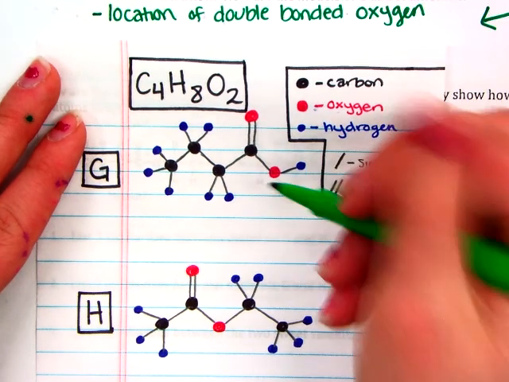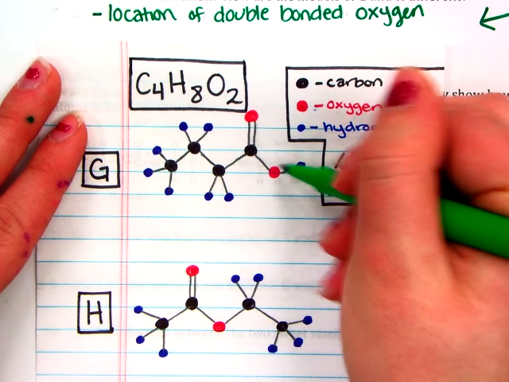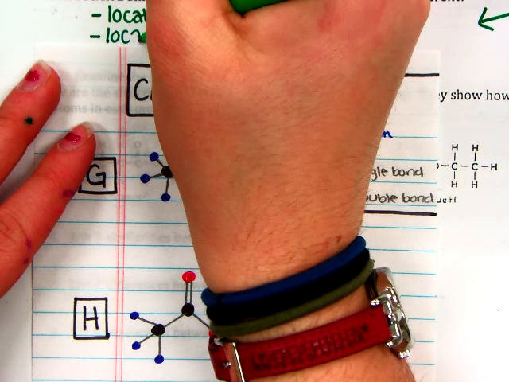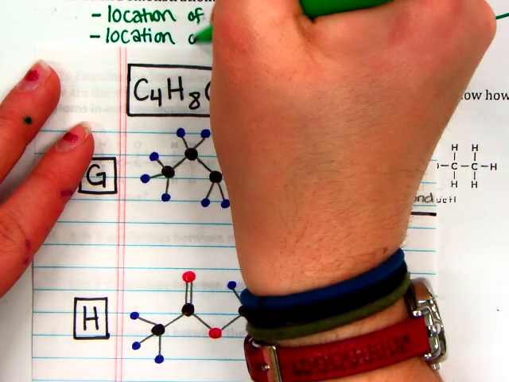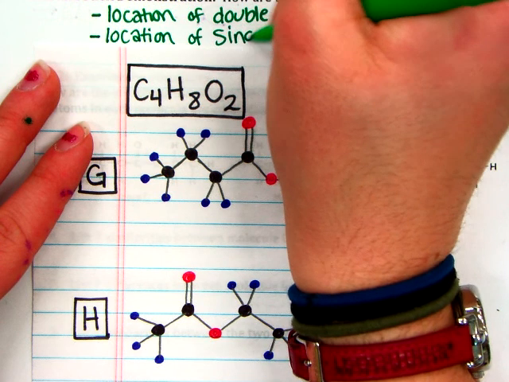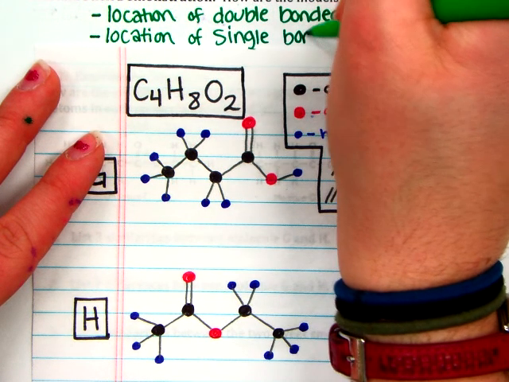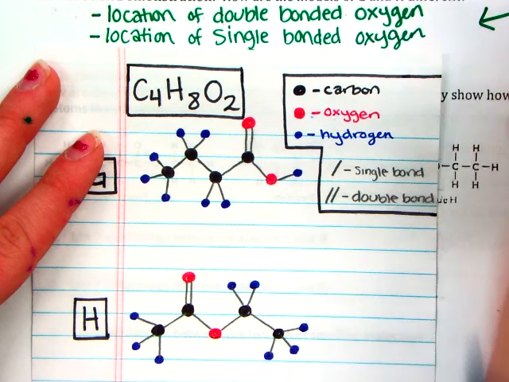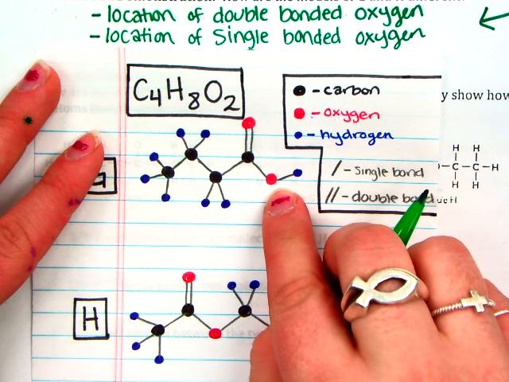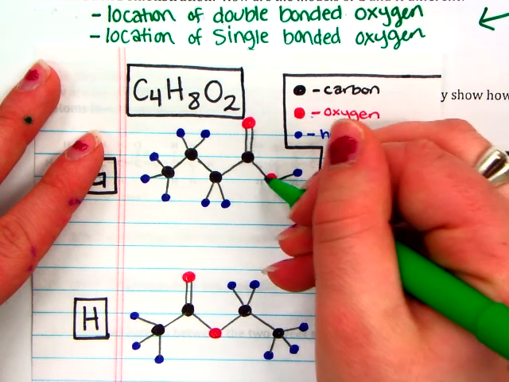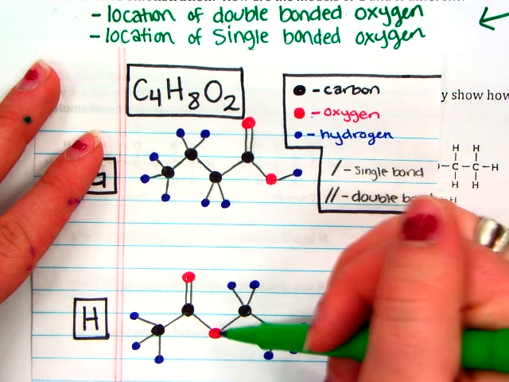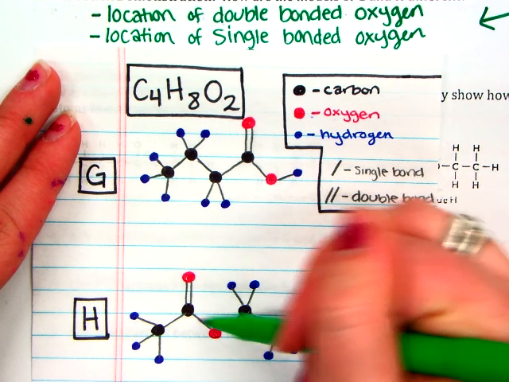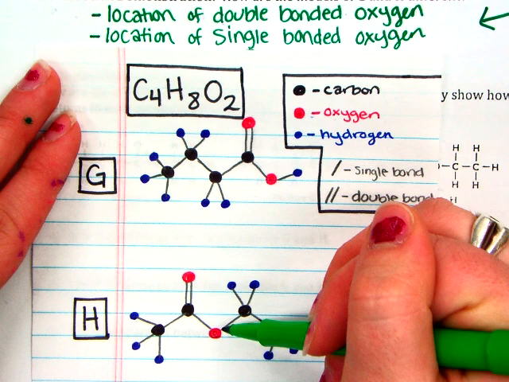Also, this oxygen, this single oxygen by itself, the location of the single bonded oxygen is different. This single bonded oxygen here is attached to the last carbon, while in molecule H, that single bonded oxygen is between 2 carbon atoms.